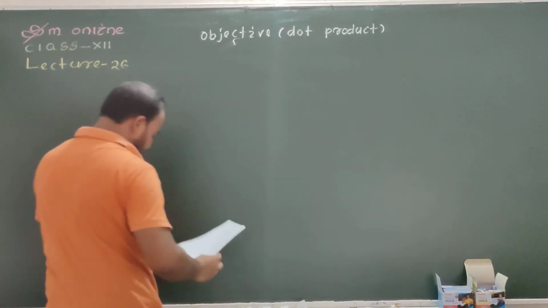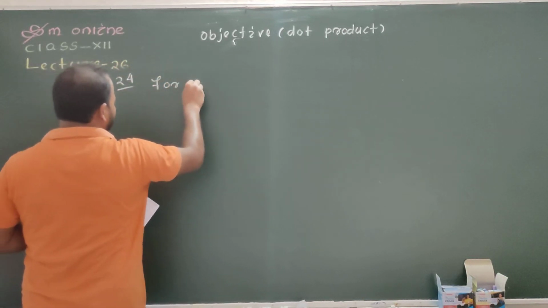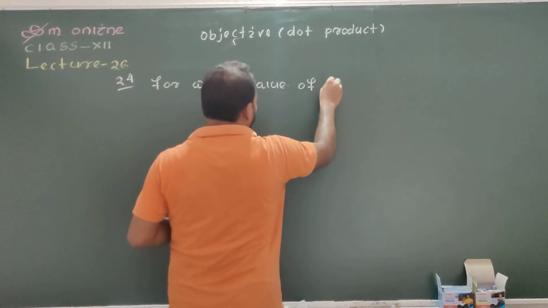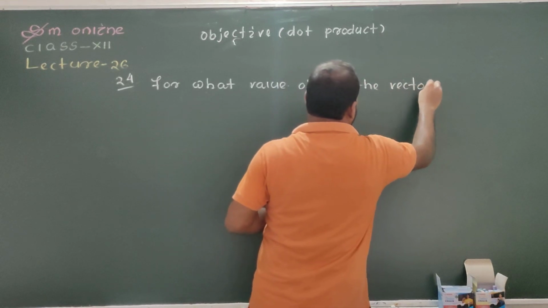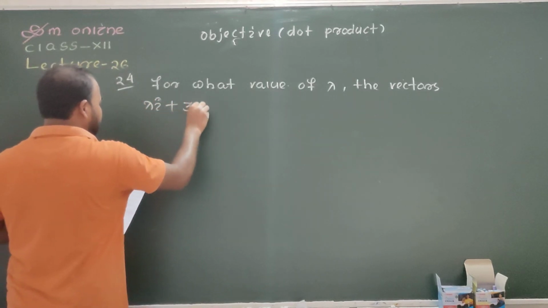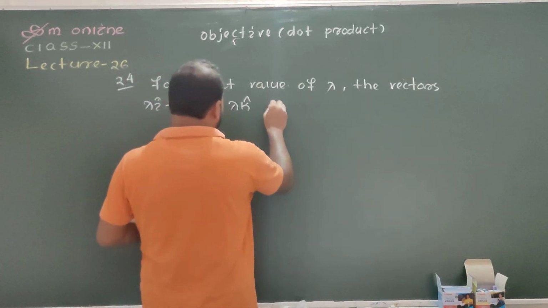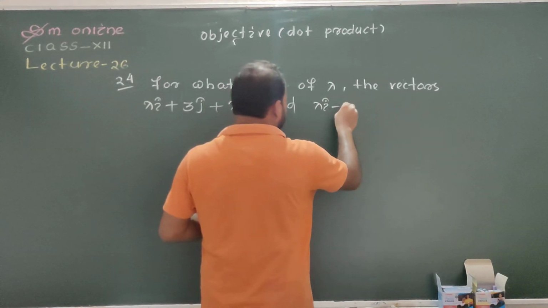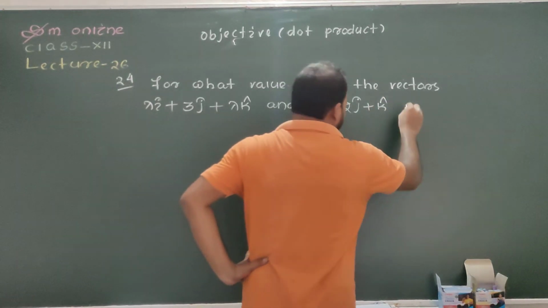Question number 24. For what value of lambda are the vectors lambda i cap plus 3j cap plus lambda k cap and lambda i cap minus 2j cap plus k cap perpendicular to each other?